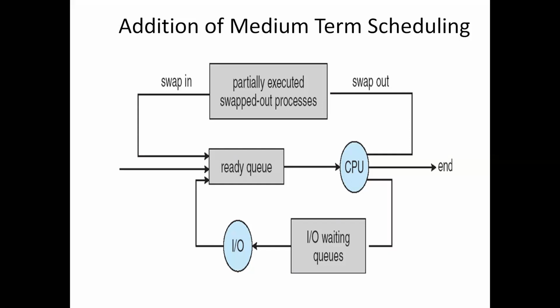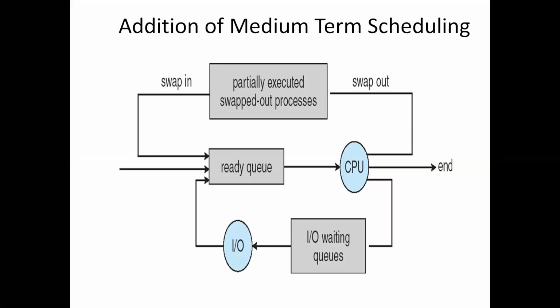Another process which is already ready will be picked by the CPU, and it will execute until the previous process completes its IO. At that time, there will be many processes stored in the main memory for the CPU to execute.